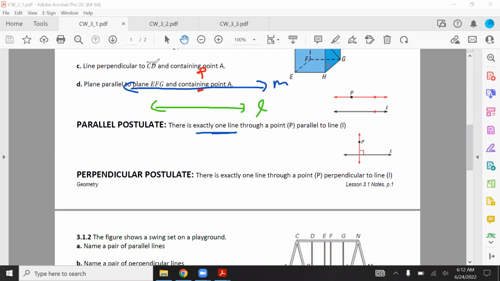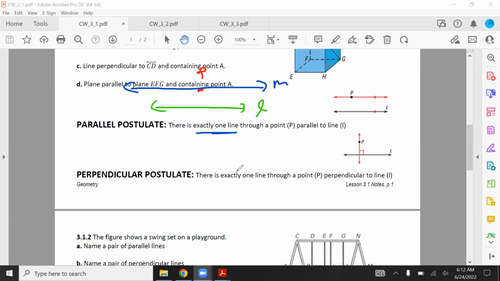If I draw other lines through point P, they're going to touch L at various places. Now, what if you decide to go three-dimensional and maybe have a line coming out of my screen and behind my screen towards this bathroom here at Starbucks? That's going to be skew then, right? Remember, they have to be on the same plane to be parallel.